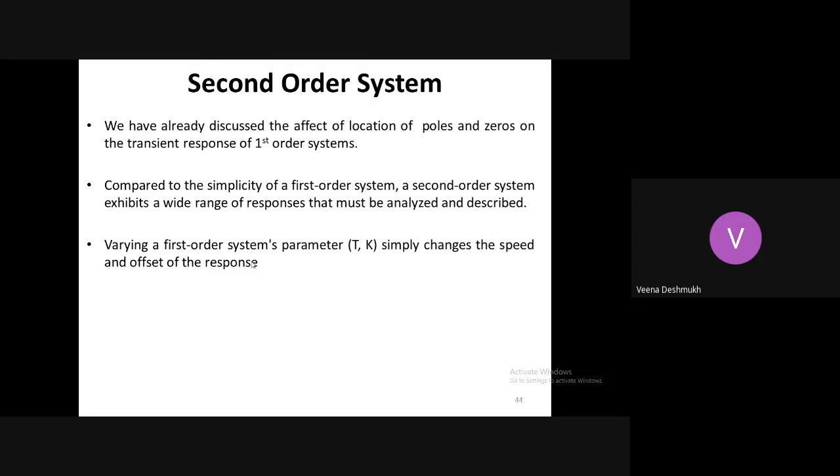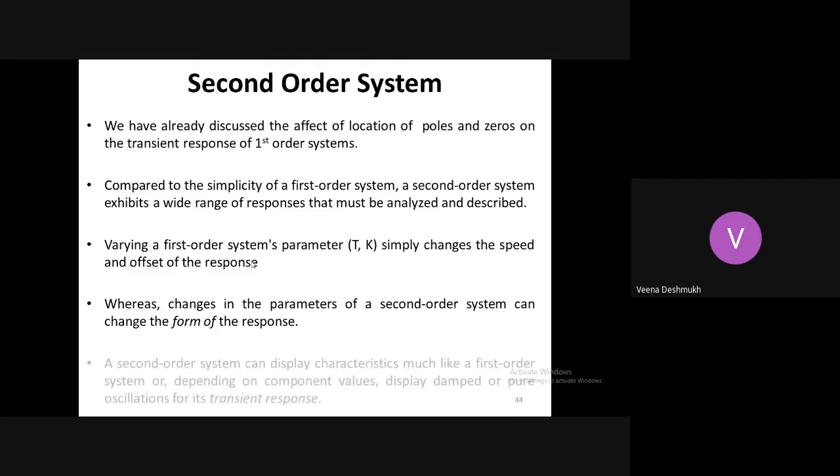But when it comes to second order systems, where you come across two energy storing elements along with the resistor, the natural frequency of oscillation comes into picture, and also the damping factor or the damping coefficient. So you can see here the changes in the parameters.